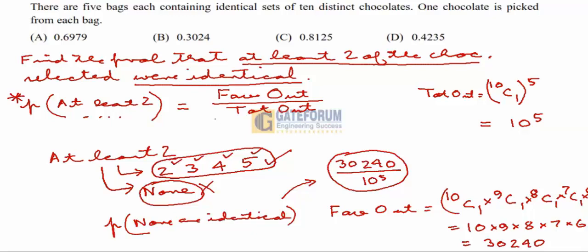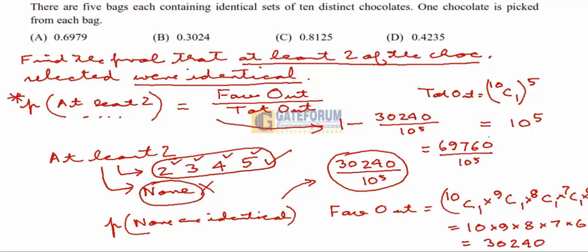Won't I say that this probability will be equal to 1 minus 30240 divided by 10 to the power 5, which is 69760 divided by 10 to the power 5. So decimal will shift 5 places, that is 0.6976. This is my probability.